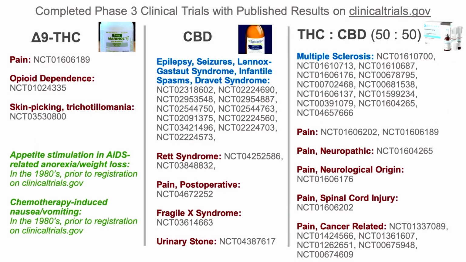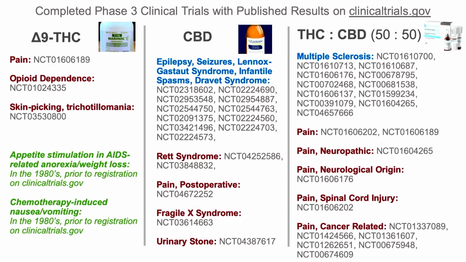And here are all of the completed phase 3 clinical trials with published results that anybody can look at for these 3 products. Okay? Now, in the case of THC, the data was in the 80s and 70s, and it's not available online for appetite stimulation or for chemotherapy-induced nausea, but there are clinical trials for pain, opioid dependence, and skin picking.